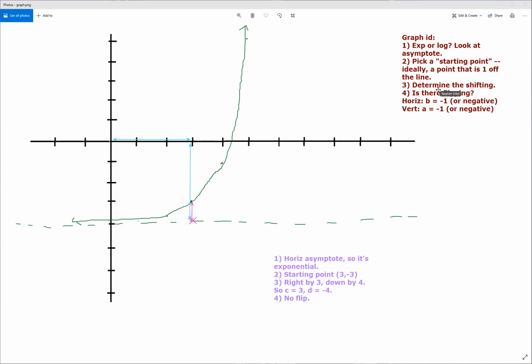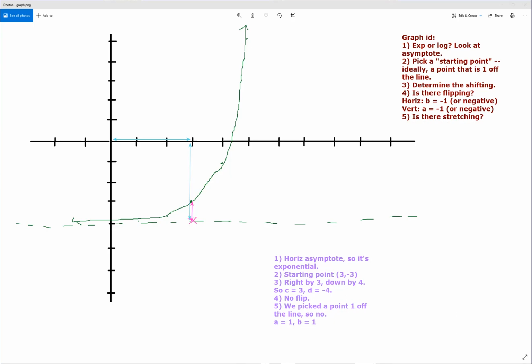The other question we have to ask is, is there stretching? Now, this will be based on the point that you picked. We picked a point that's 1 off the line. Our starting point when we do these wants to be 1 off the line. It's 1 off the line, so no. Therefore, we will conclude that a is 1 and b is 1.